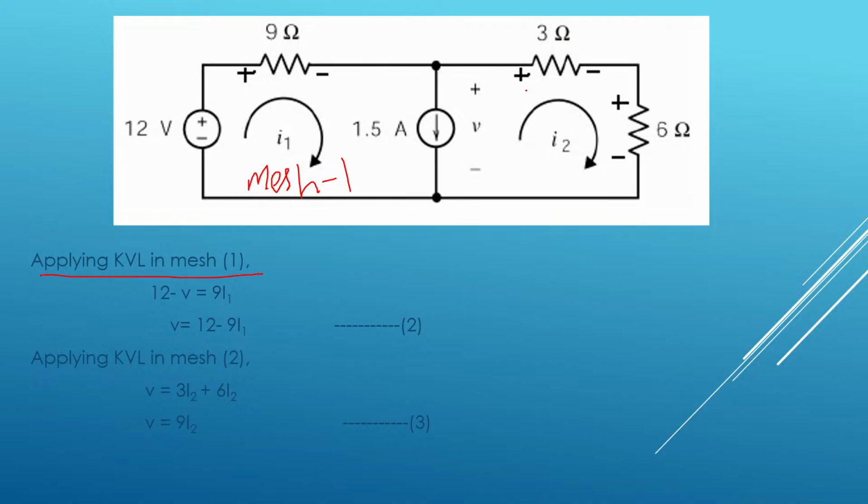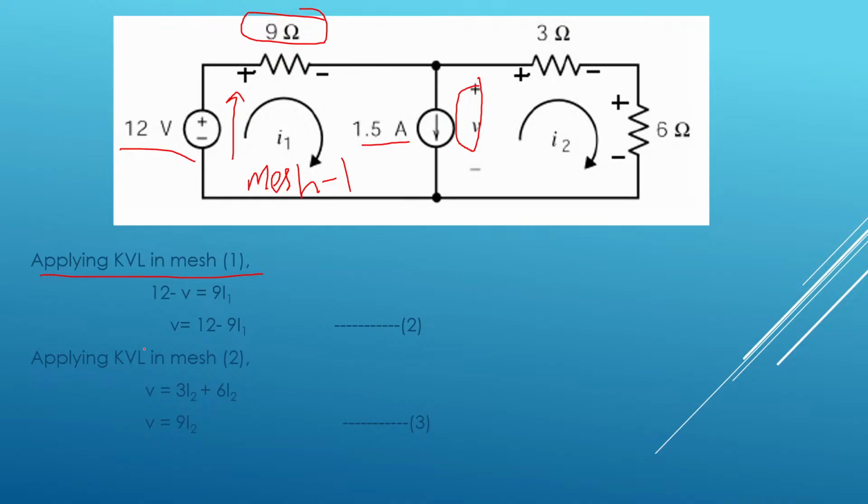If you apply KVL in mesh 1, see, this is the voltage across this current source V, and this is the voltage source. So in this mesh there are two voltages and one resistive element. Okay, so total three elements are there. This is my positive terminal, so current from the source will go upwards, and here this is plus, this is minus.